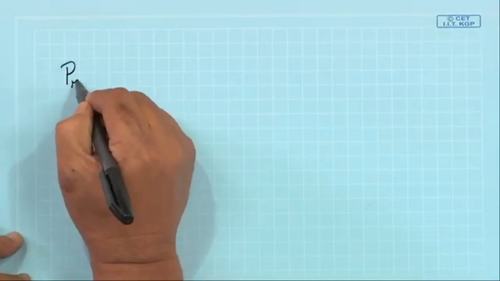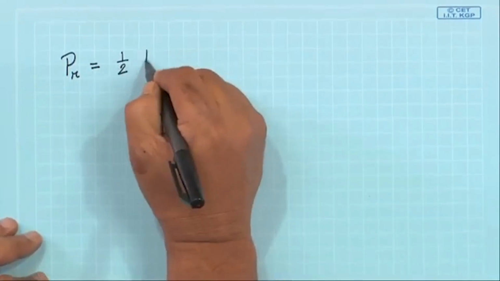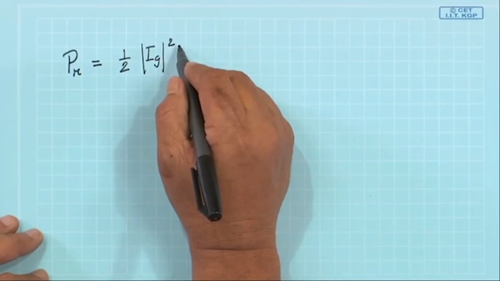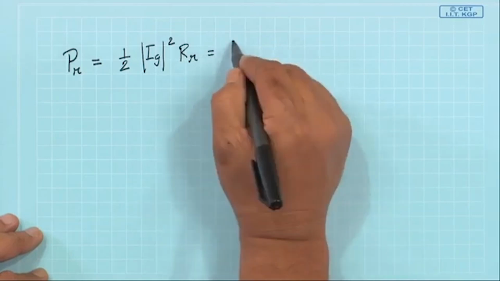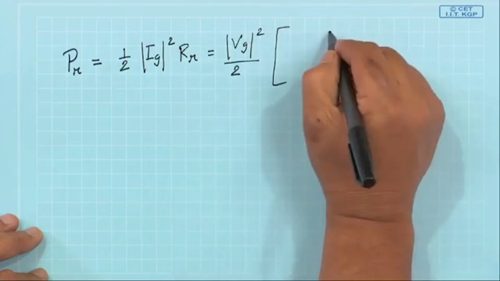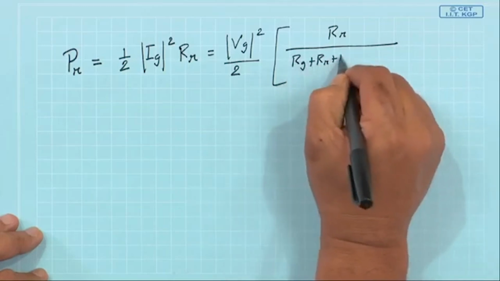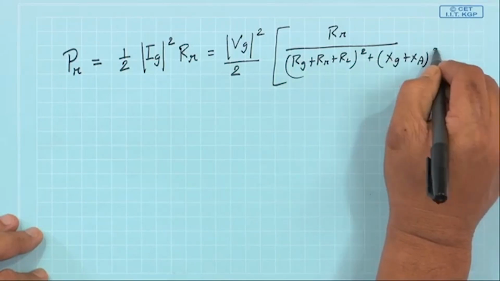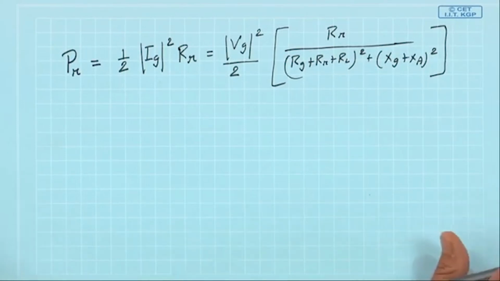So, if I call that P R, power radiated by antenna, that will be simply half I g star into I g, that is I am writing half mod I g mod square R r. Now, it looks simple.